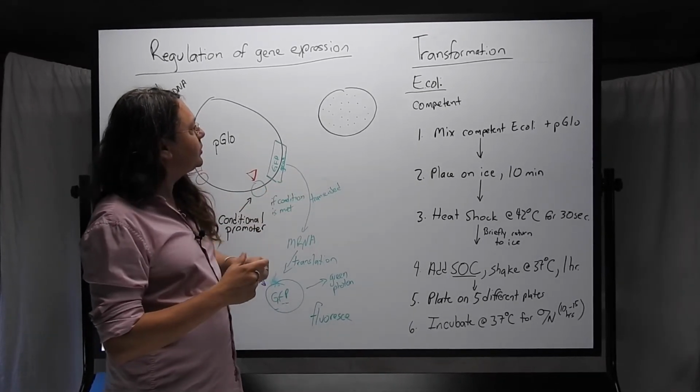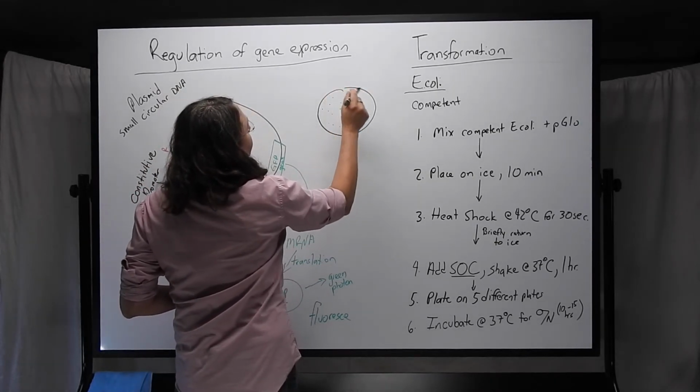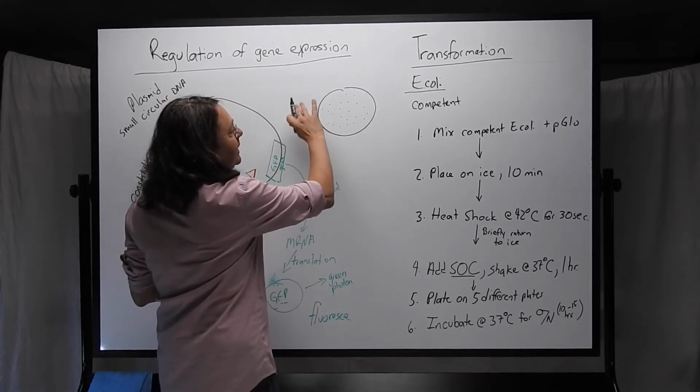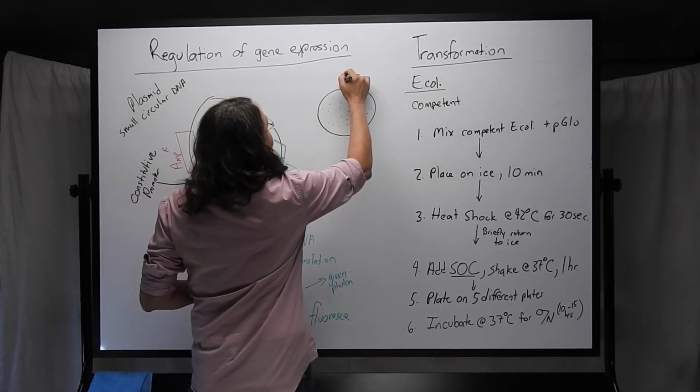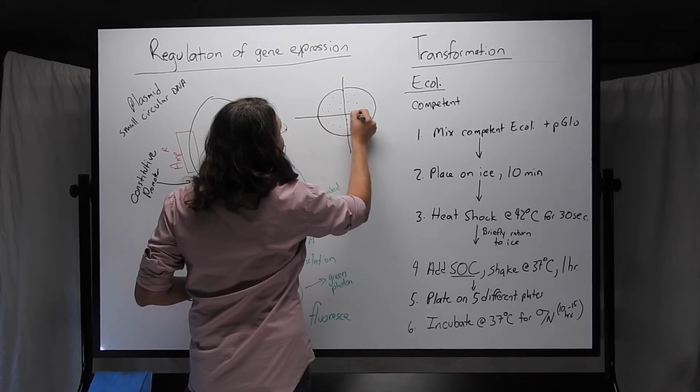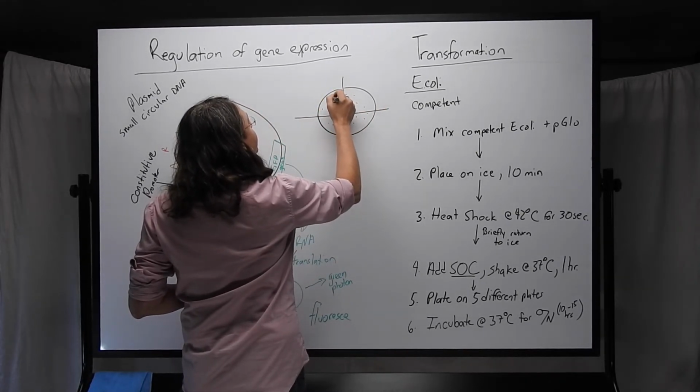So we're going to record those numbers, and if it's about 150 or less, you just count everything and record that number. If it looks like it's way too high, you can divide the plate into quadrants and then count just one quadrant. So 1, 2, 3, 4, 5, 6, 7.